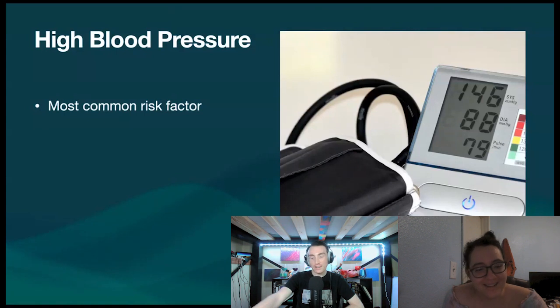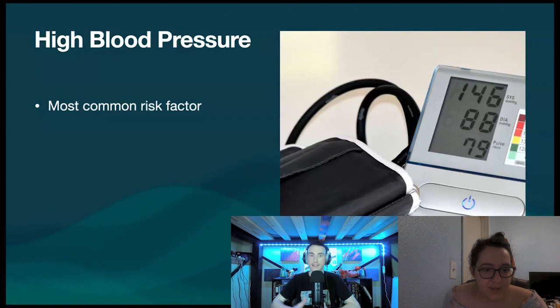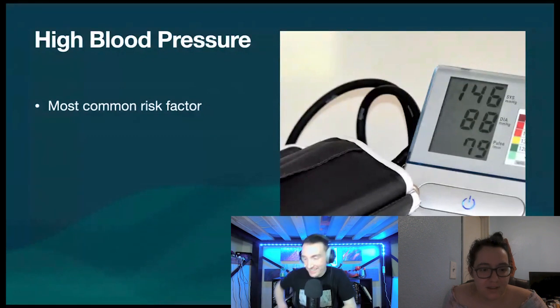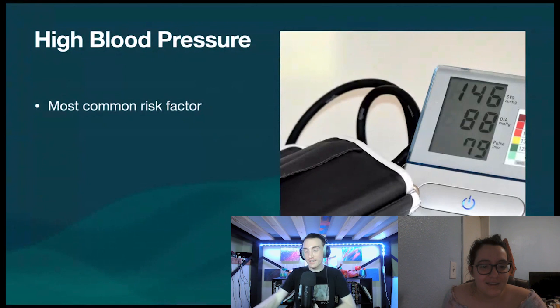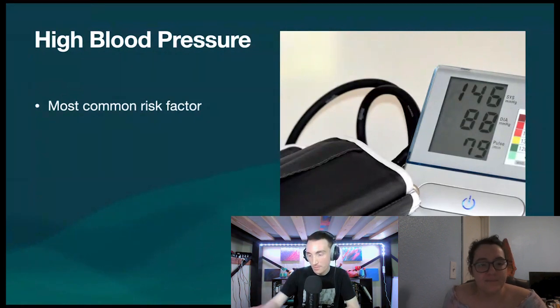But if you had to guess how many of them are adequately controlled, like have it managed, what percentage do you think that would be? Of the 33%? Yes. I would say, I don't know, maybe 50%. That's correct. Only about 50% have their high blood pressure adequately controlled.